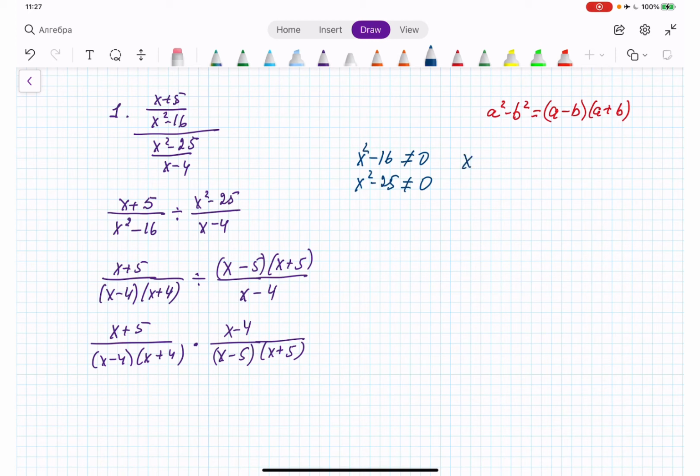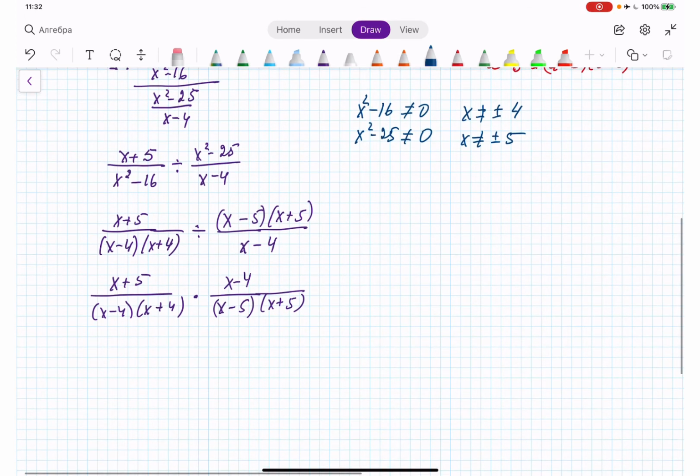So x cannot be equal to plus or minus 4, and x cannot be equal to plus or minus 5. So x can be any value but plus or minus 4 and plus or minus 5.